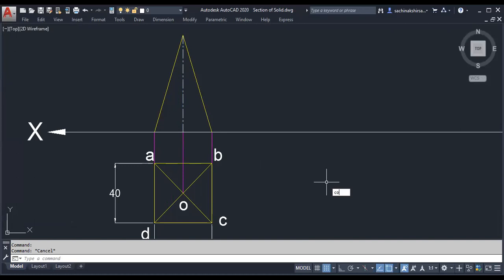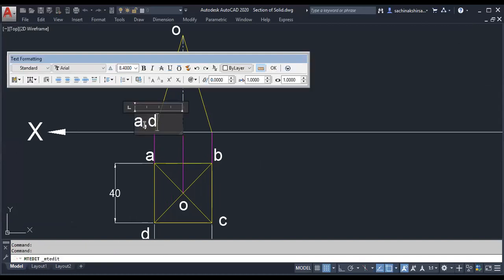How many points will be there here? Two. A dash and D dash.